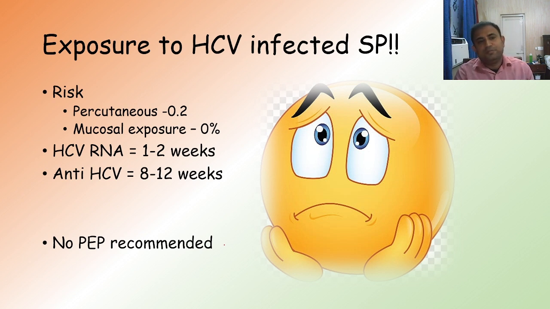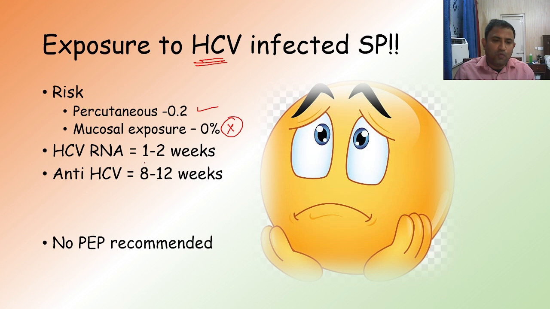Now we come to if the source person has been detected to be HCV positive or has a detectable HCV RNA in the blood. The percutaneous risk is around 0.2%, mucosal exposure risk 0%, so PEP is not recommended.